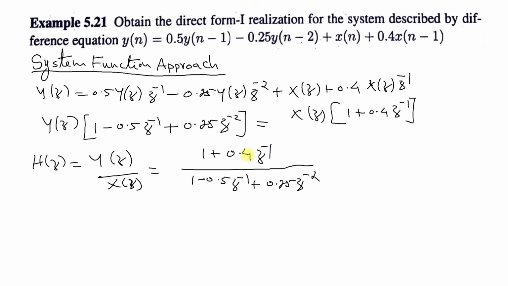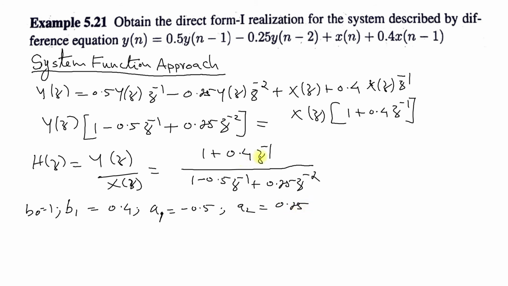So corresponding to the numerator we have b1 equal to 0.4, and b naught equal to 1. Then we have a1 equal to minus 0.5, then a2 equal to 0.25.